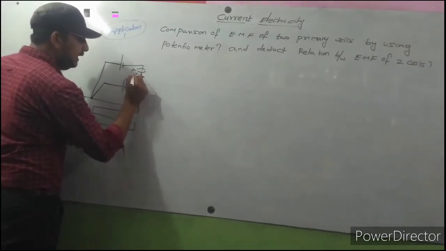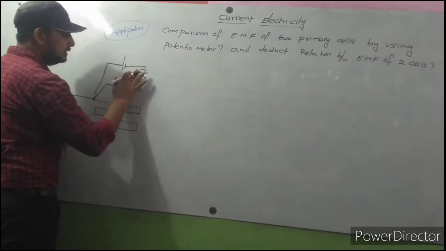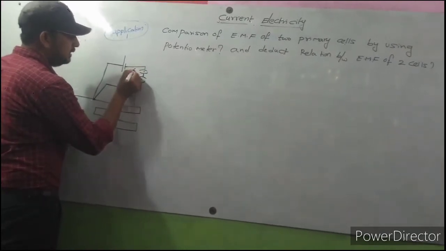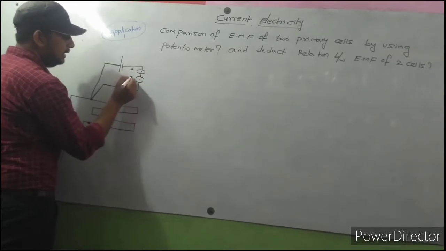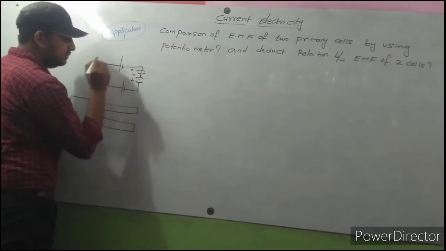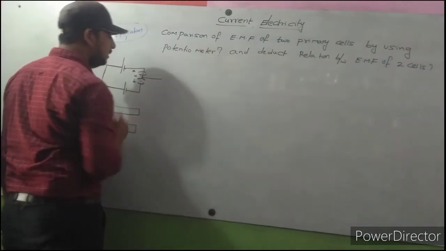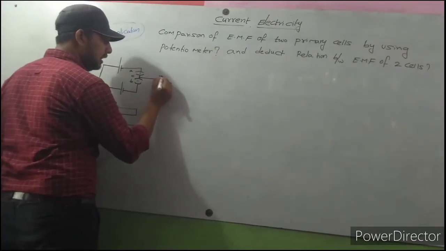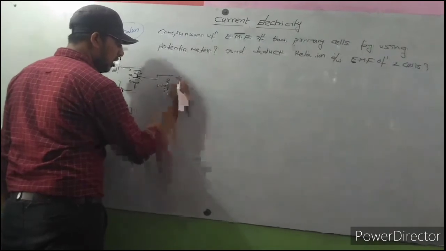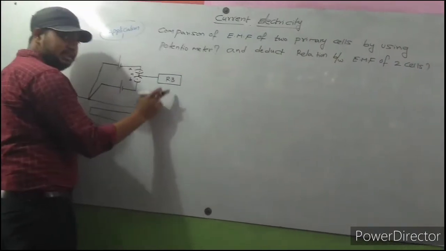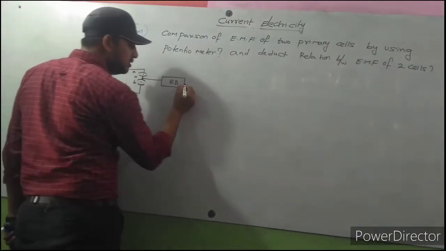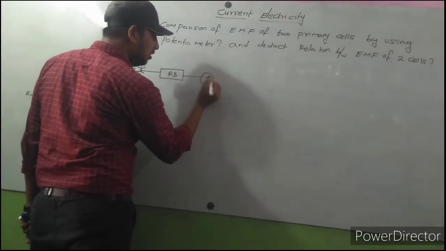This point is A, this point is C, and this is B. This is connected to a resistance box RB, and to a galvanometer G.